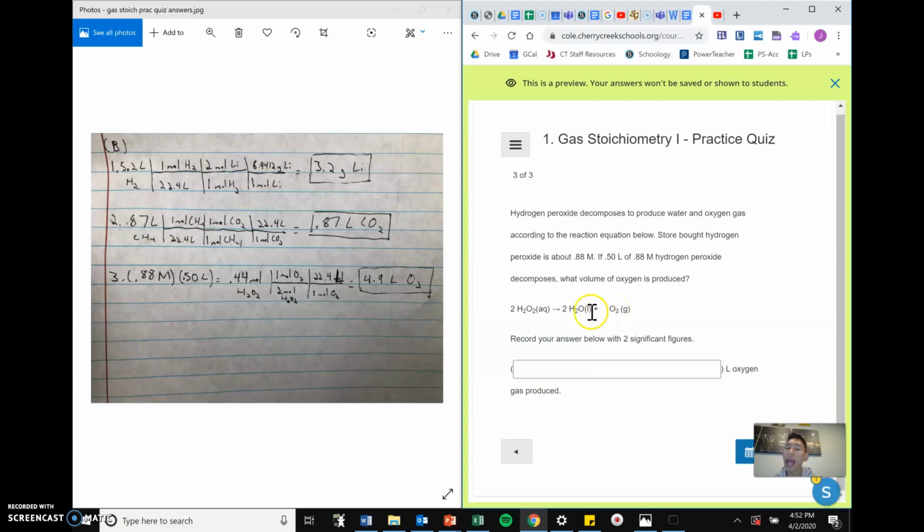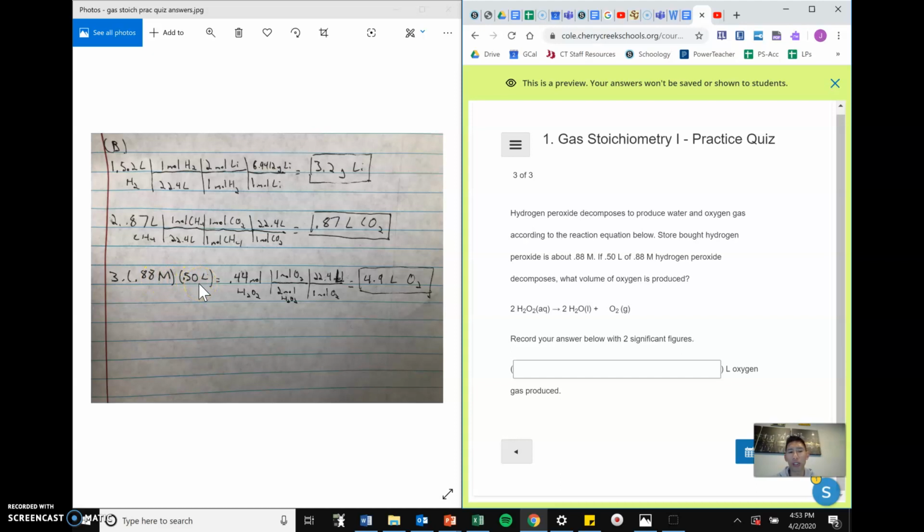Well, to do that, I need to find how many moles this is. And then I can see from moles how many moles of oxygen and then how many liters of oxygen will be produced. And so to do that, I take my concentration and I multiply it by my volume.